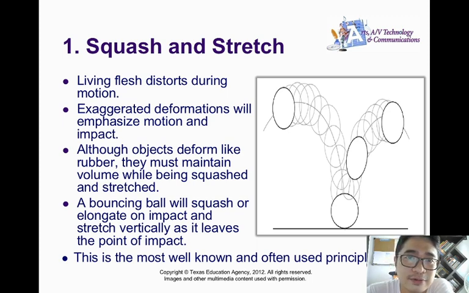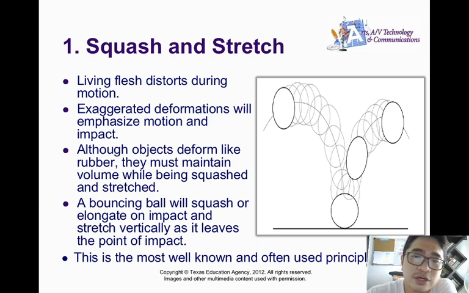Although objects deform like rubber, they must maintain volume while being squashed and stretched. So it doesn't really mean na pag nag-stretch ka or nag-squash ka ng ball, pagpatak niya is totally flat. No. A bouncing ball will squash or elongate on impact and stretch vertically as it leaves the point of impact.